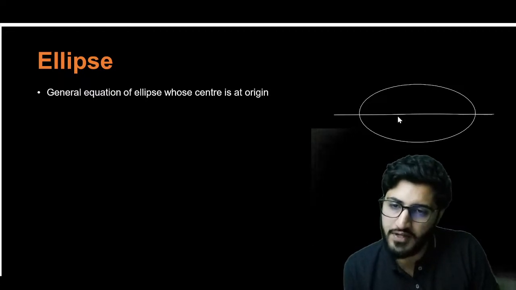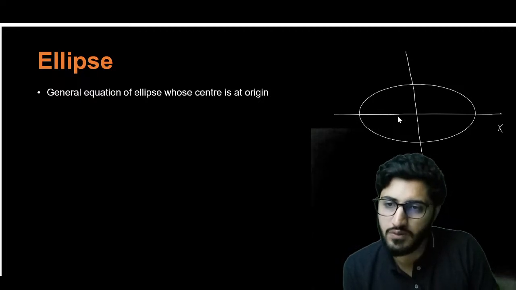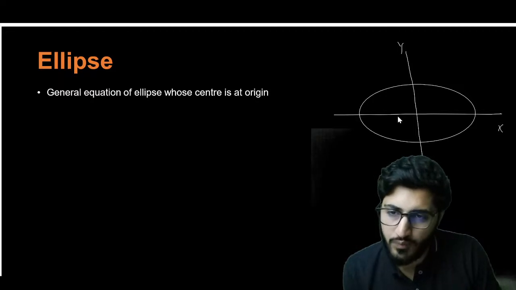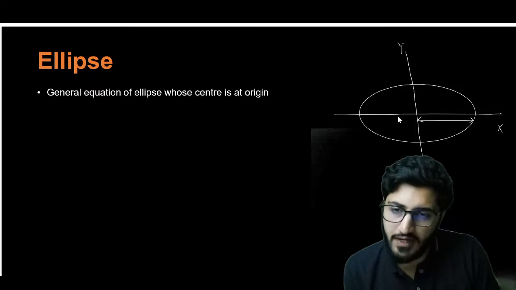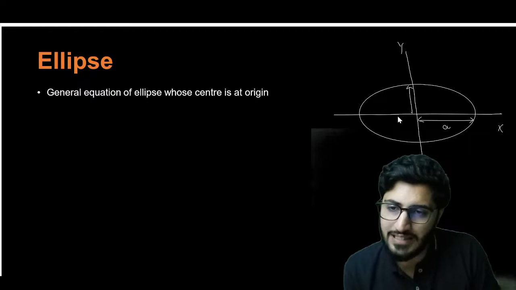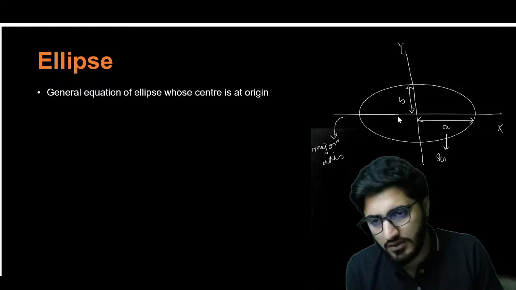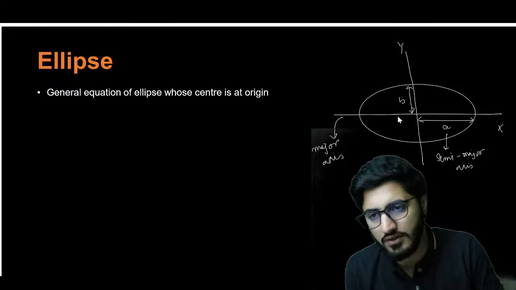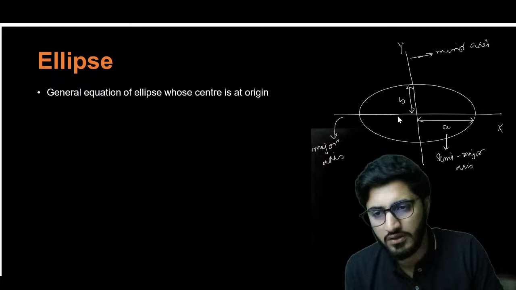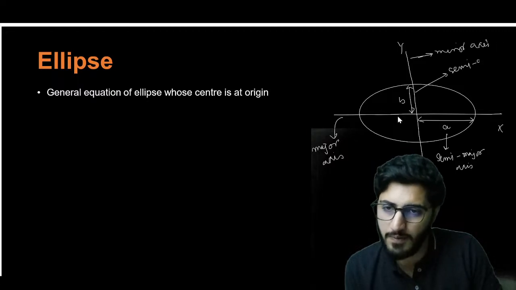This one would be a major axis, this one is a minor axis, x, y. Let's suppose this would be a semi-major axis denoted by A, this one is semi-minor axis denoted by B. So this is the major axis, this one is semi-major axis, this one is minor axis, this one is semi-minor axis.